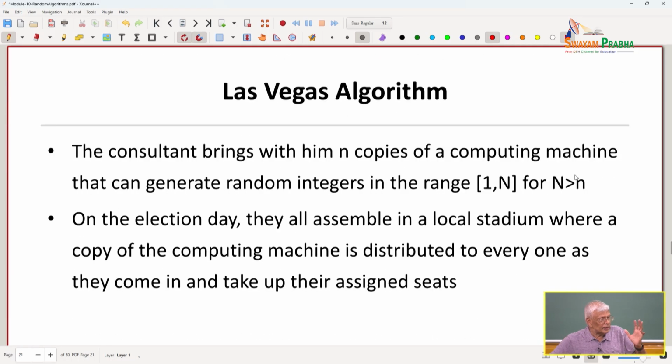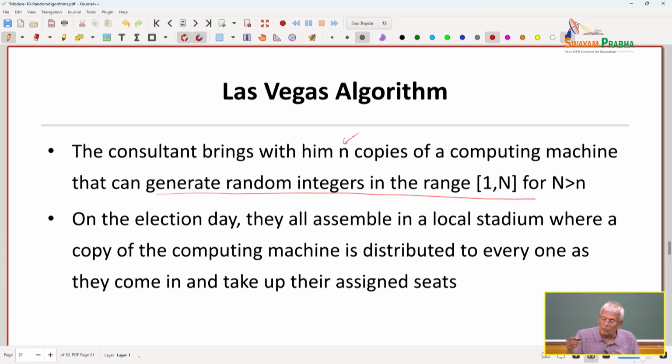So the consultant comes with an idea, the idea of the Las Vegas algorithm. The consultant brings with him n copies of a computing machine where he has loaded a random number generator that can generate random numbers. Little n is the number of people in the town.